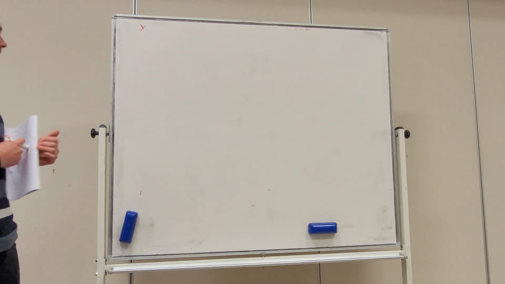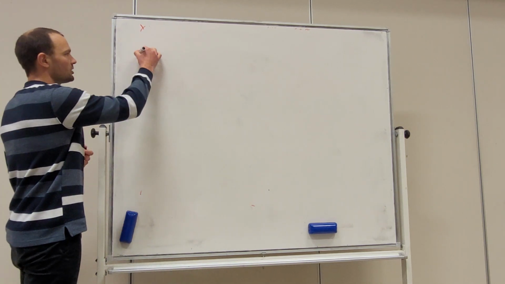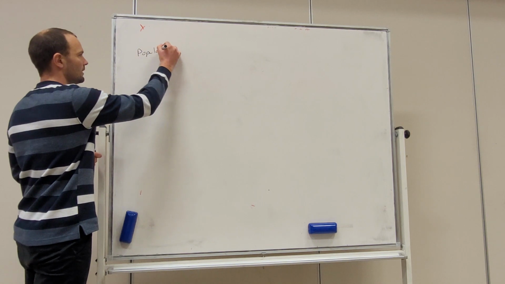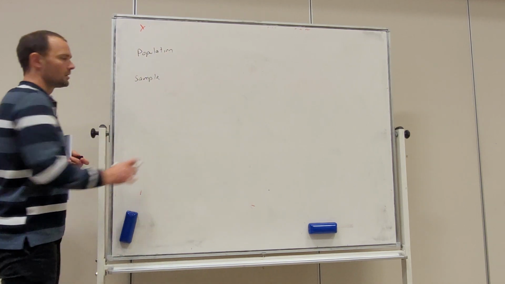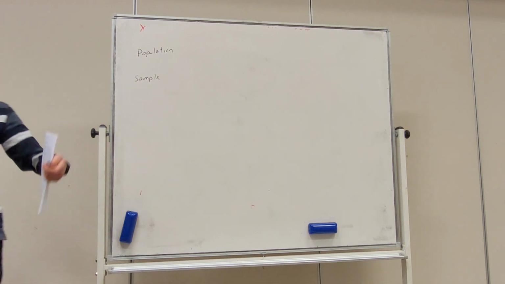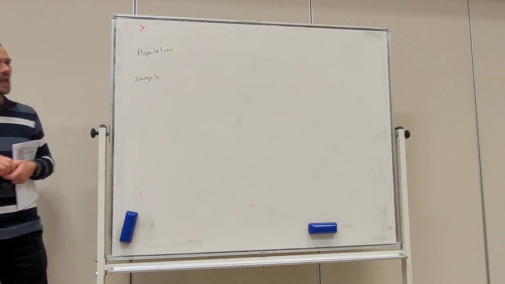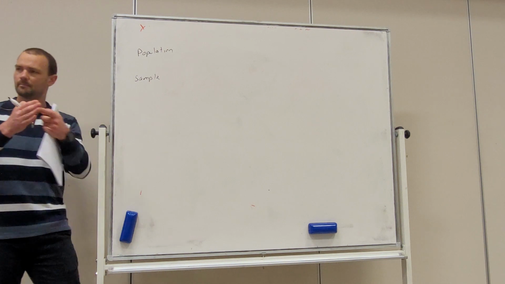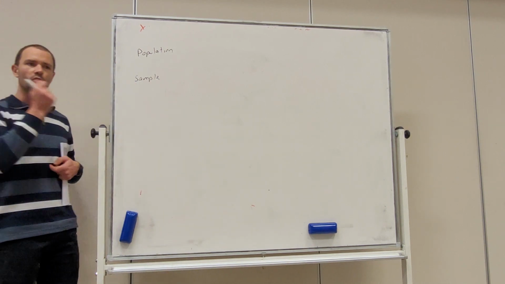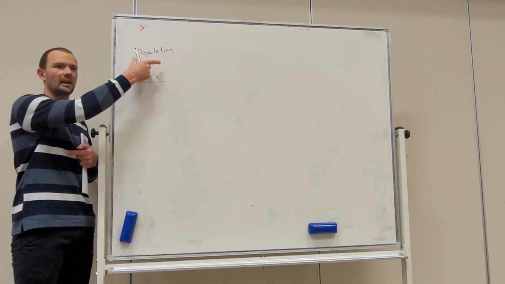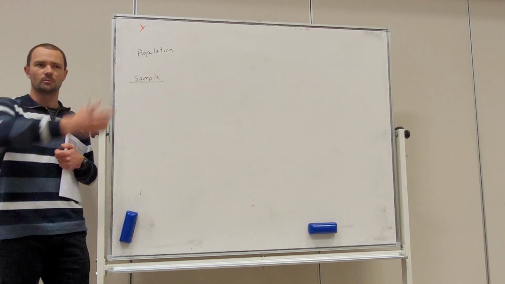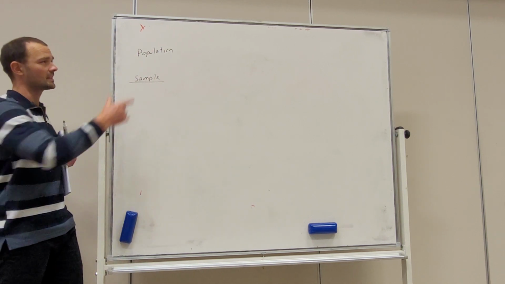Now, a couple of words that are going to be important for us then is population and sample. Okay. So you guys are year 11 students, there's a couple of year 10s thrown in here, and if we were to measure the height of all of you, you would be a sample of the population, being all students at Tennyson Woods College or all year 11 students at Tennyson Woods College, right?